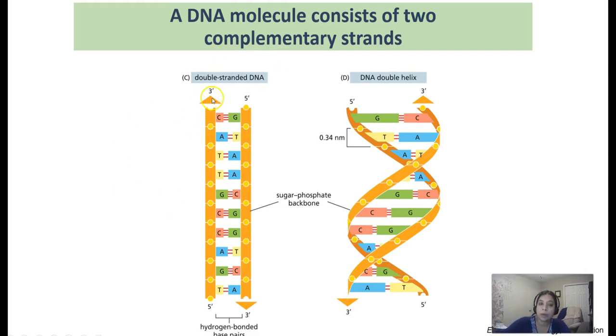So one of the strands goes in the 3' to 5' direction, while the other one has the opposite, starts at the 5' end. And these are then wound around to create the double helix that we know.